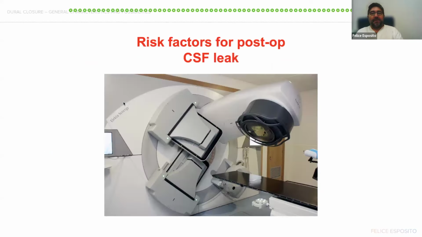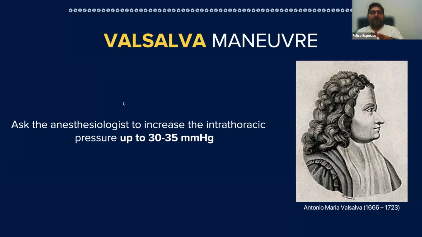We already said this, but one of the tips we use in the OR is to ask the anesthesiologist, after the reconstruction, to increase the intrathoracic pressure by using the Valsalva maneuver to check the effectiveness of the dural closure when we are still in the OR.